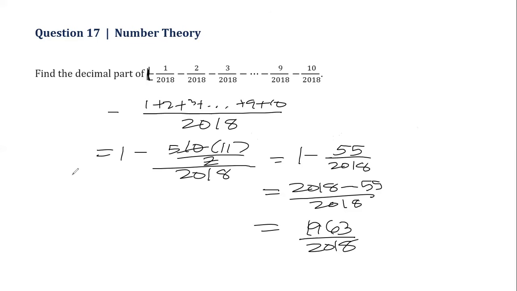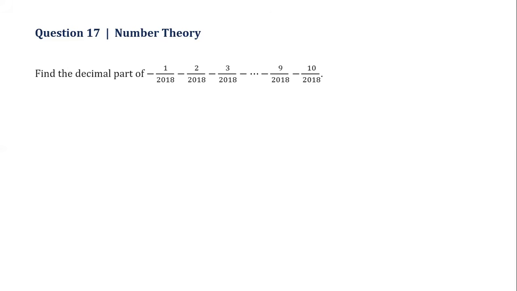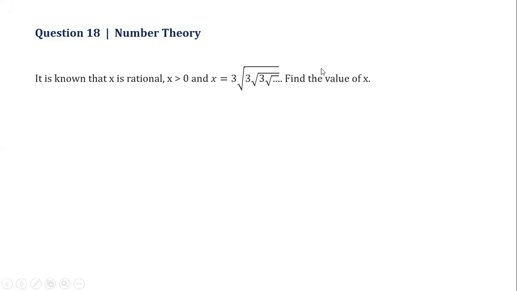Okay, let's proceed to number 18. It is known that x is rational, x is greater than 0, and x is equal to this expression right here. So it's an infinite square root expression.